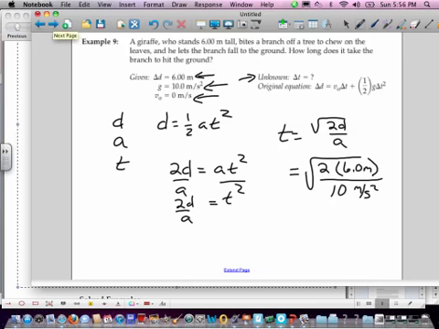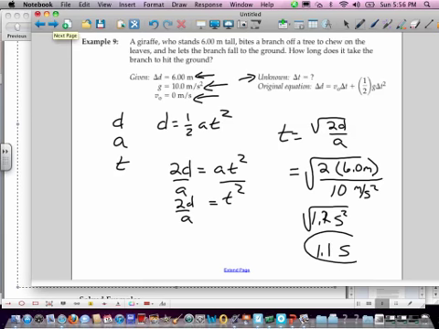So we get 12 divided by 10, which is 1.2 seconds squared, square root of that, and you get 1.1 seconds for my final answer.